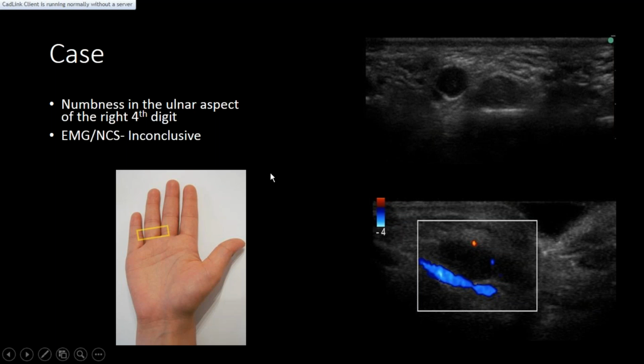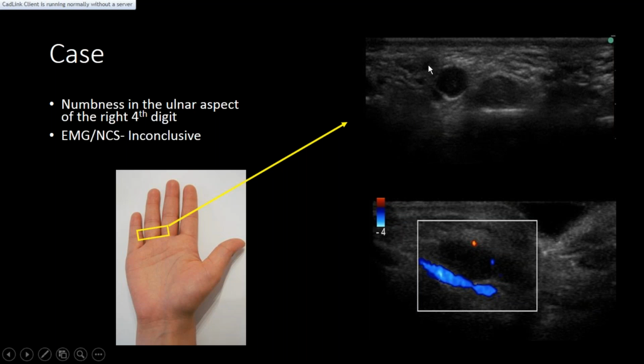So now we did the imaging and followed the ulnar nerve. We scanned the ulnar nerve at the elbow and followed it down, scanned it at Guyon's canal, and followed it to the 4th digit, especially the ulnar digital nerve of the 4th digit.